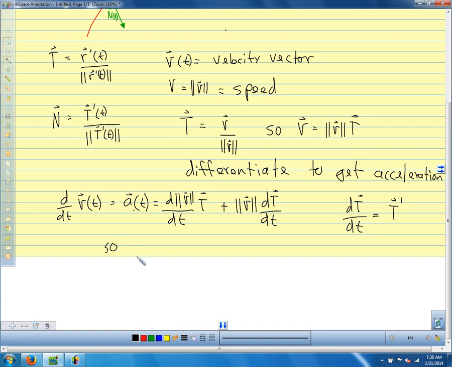So our acceleration is the rate of change of the speed with respect to time times our unit tangent vector plus the magnitude of the velocity times T prime.